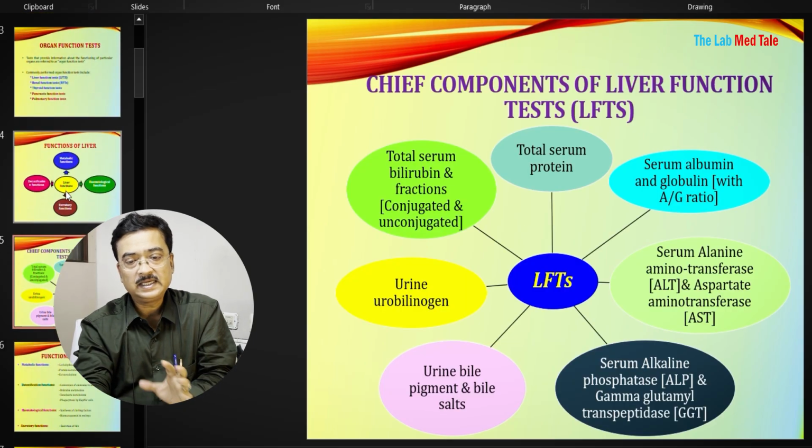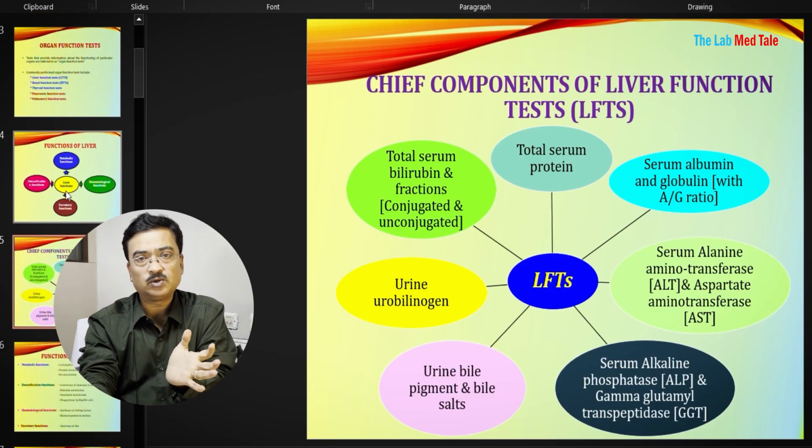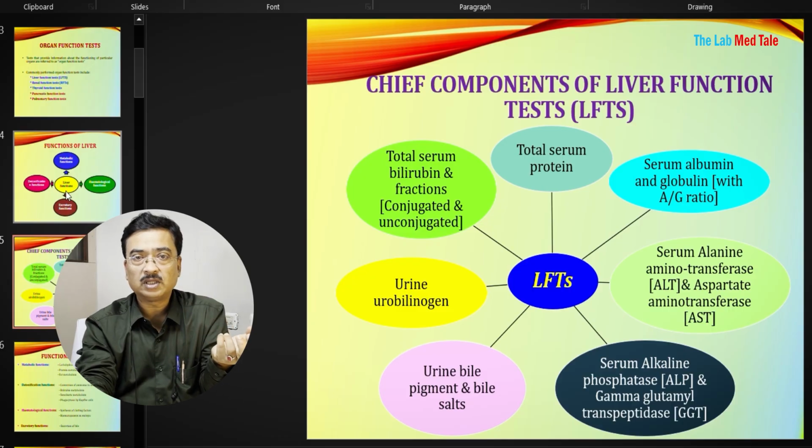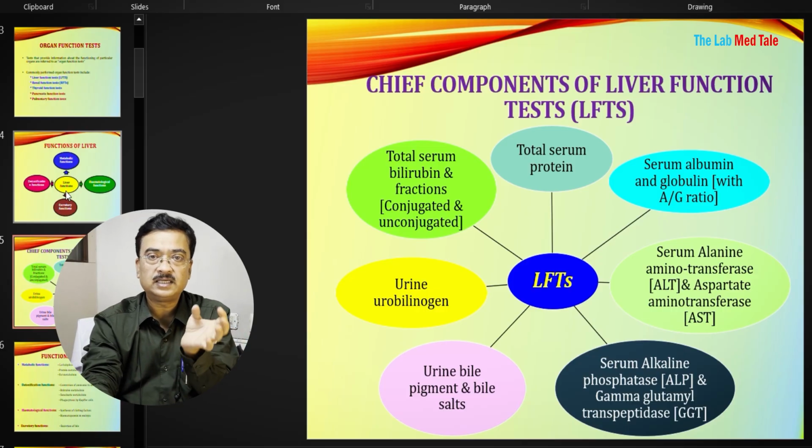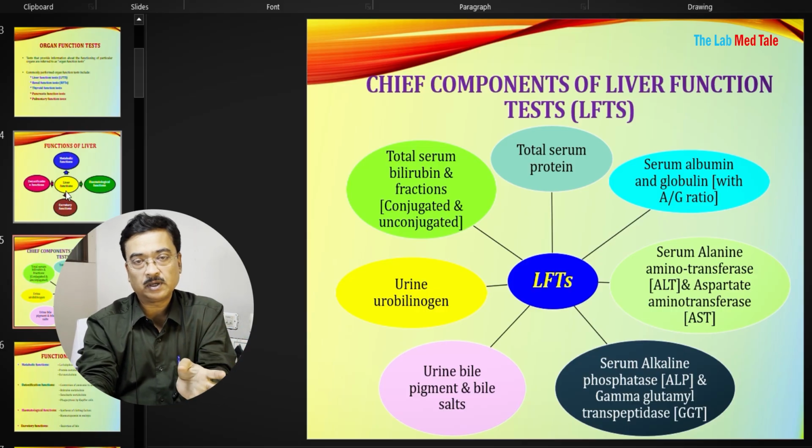The components of the liver function test as a whole include total bilirubin, direct and indirect bilirubin, and the enzymes we call liver enzymes, that means AST, ALT, alkaline phosphatase, gamma glutamyl transferase, and total protein and albumin-globulin ratio.